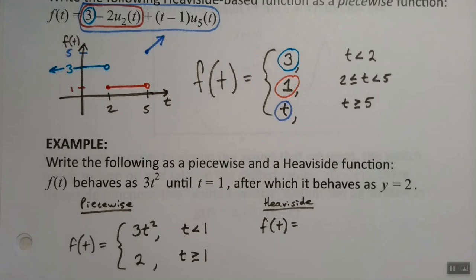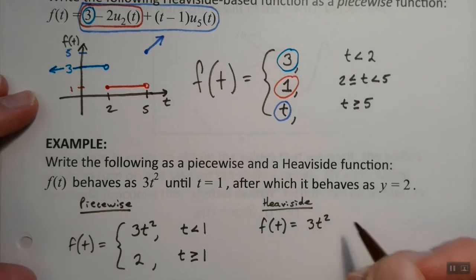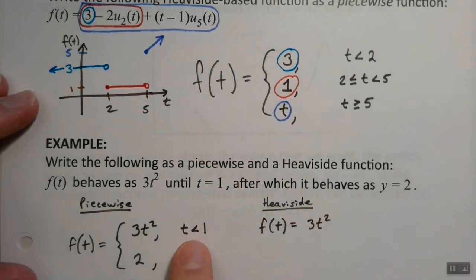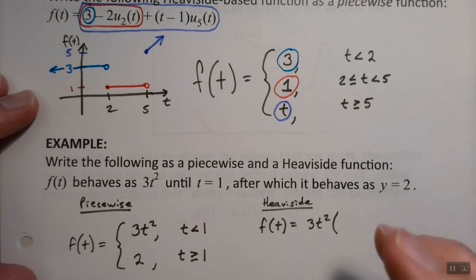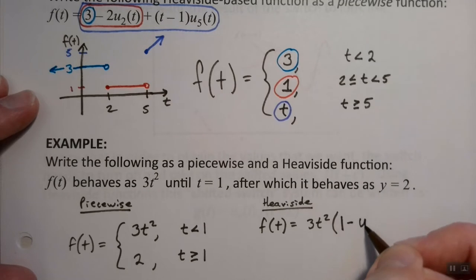So what we can do is say it's going to have to behave like 3t squared until we get to t equals 1. That means it's on until t equals 1. So if you remember our on until a certain point in time, we can fix by doing a 1 minus the Heaviside function.